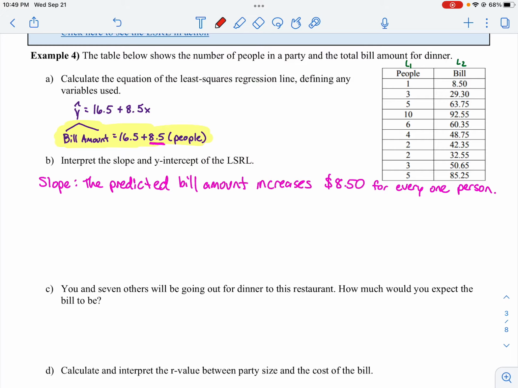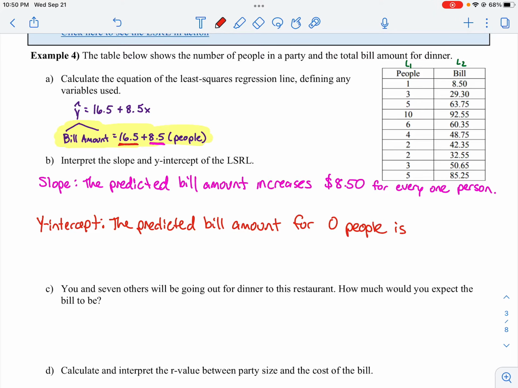And then when it comes to our y-intercept, remember that the y-intercept is simply the predicted outcome for when x is equal to 0. So we would say the predicted bill amount for 0 people is $16.50.